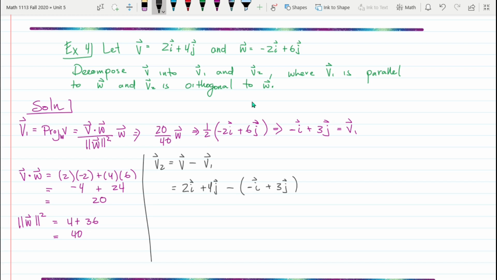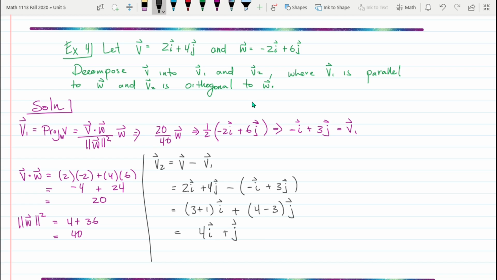Right, this is v minus v1, and we just do the following, right? We do the difference in the horizontal components, and then just put the i, plus the difference in the vertical components, and then add the j at the very end, and we have 4i plus j.